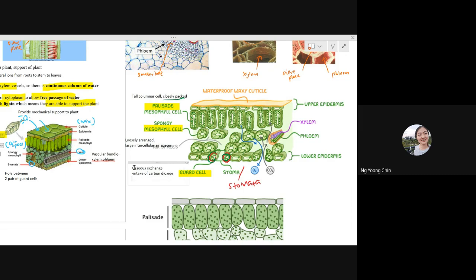It means they absorb the carbon dioxide from the surrounding atmosphere and it enters into the air space, which is the spongy mesophyll cell, through the stomata. They take in carbon dioxide and then they release oxygen.